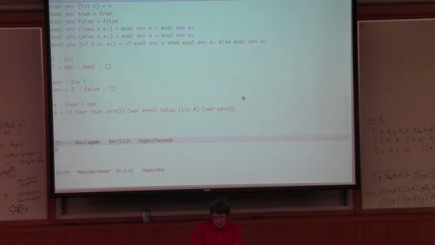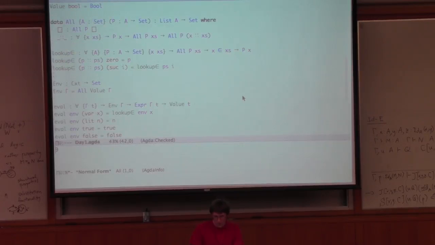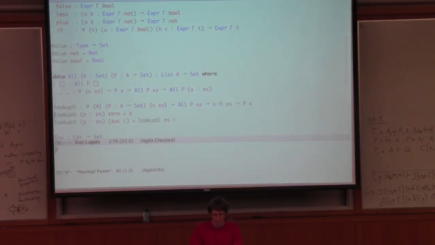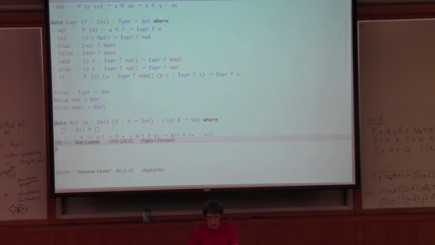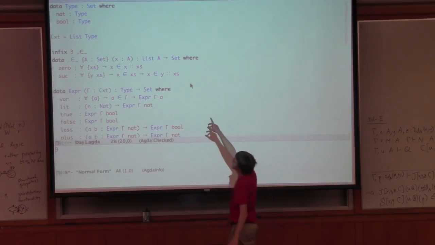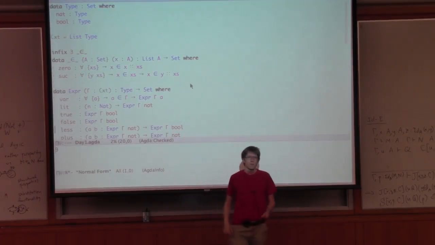So I wonder what I should do. Let's do this. So we had all, and then we had this in function, which was this index thing.